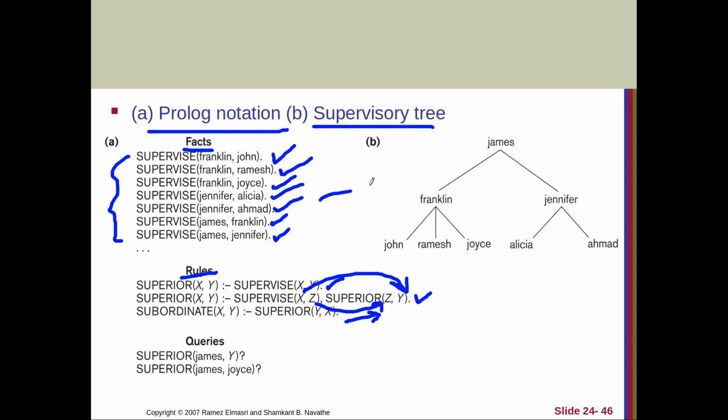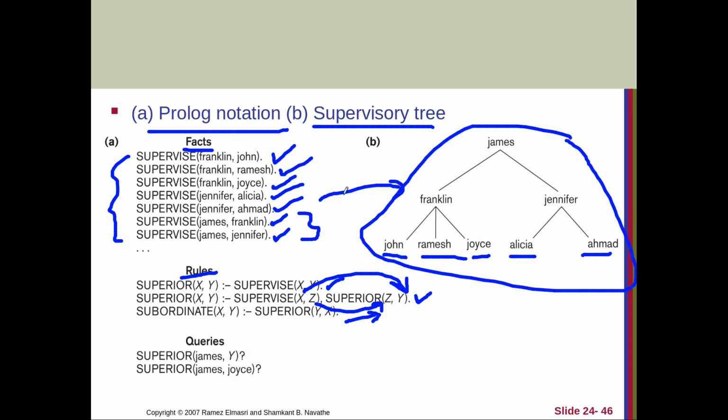So representation of these facts in the tree format: James is having two subordinates, Franklin and Jennifer. Then Franklin has three subordinates, John, Ramesh and Joyce. And Jennifer has two subordinates, Alicia and Ahmad. So this is the exact tree structure of the same thing. Okay, so this is just for understanding.